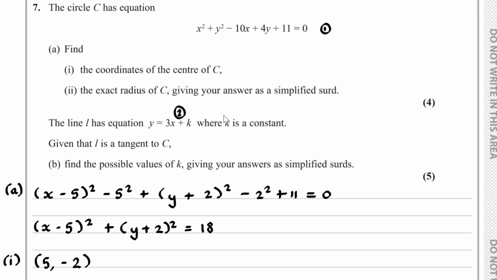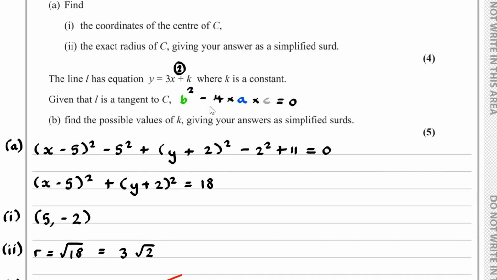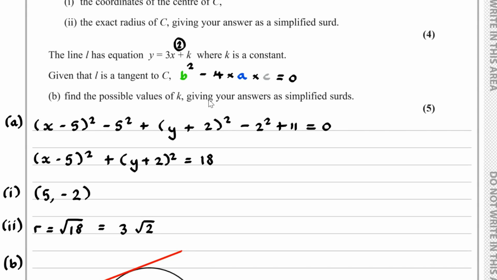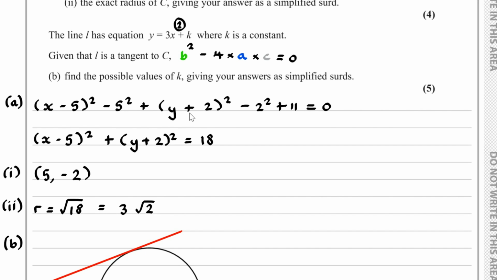And of course, because L is a tangent to C, the discriminant is equal to 0. So we have b squared minus 4ac equals 0. And if we use the discriminant, we can then form a quadratic to find the possible values of k.